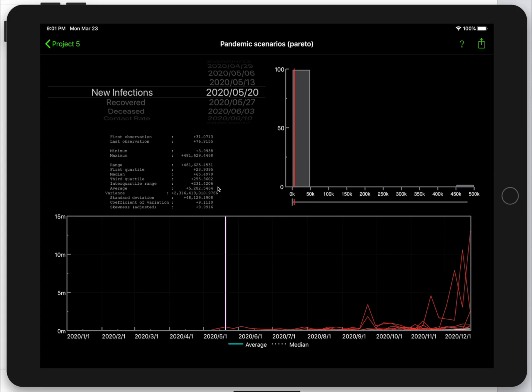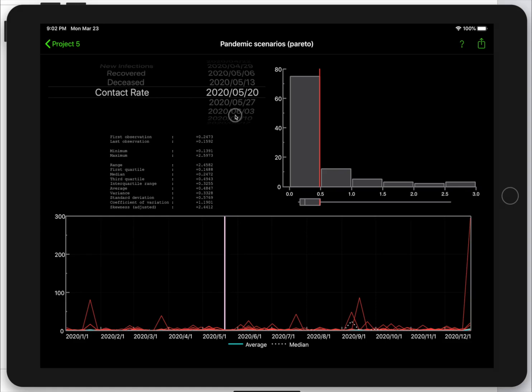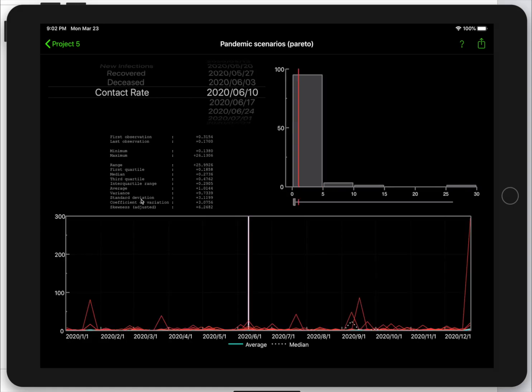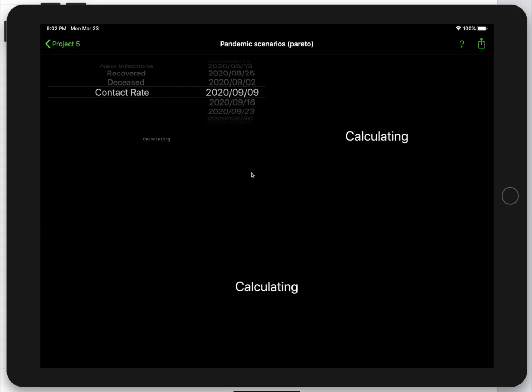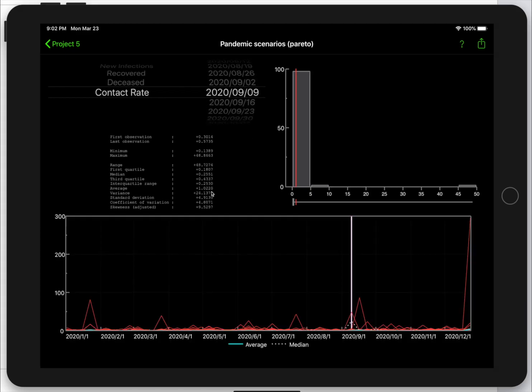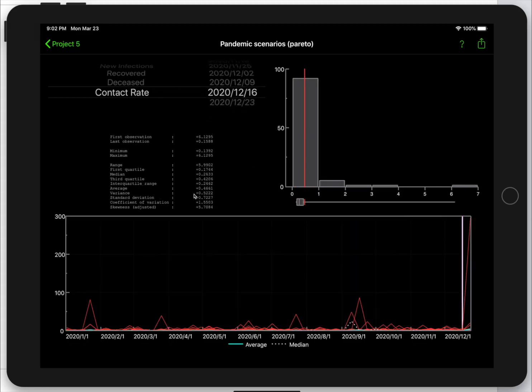Compared to the others where you have this contact rate stable at 1 or something like that, then you have trouble. Remember, I'm drawing from a predictor here where the average is higher than 1, right? But even though the average is higher than 1, here, for example, we have an average of 1.01. In this month, we have an average of 1.022, right? So here we've got an average of 0.4.